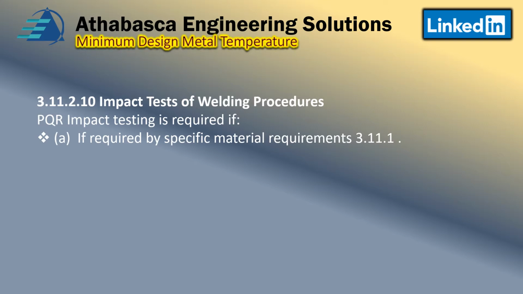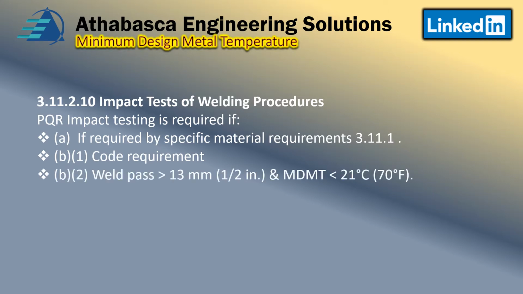That would be a material specific requirement. Also, if it's a code requirement, perhaps for thickness reasons. And the other one is if the weld passes are greater than half an inch thick and the MDMT is less than 21 degrees centigrade.